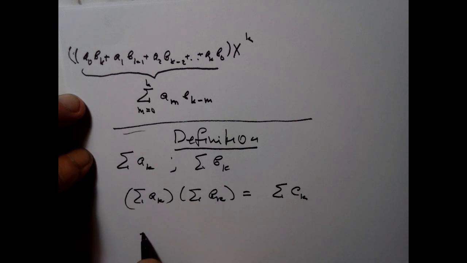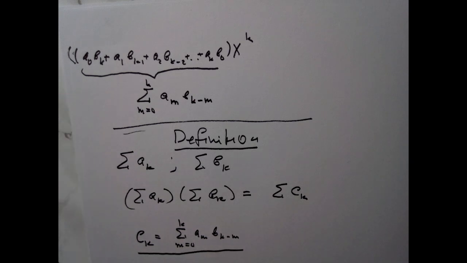Okay, well, what is ck? Well, ck is the sum of m from 0 to k of am b(k minus m), and this is the definition of a product of the series.